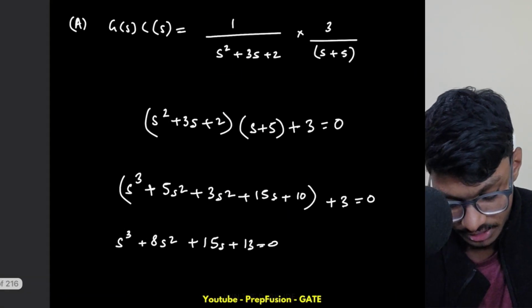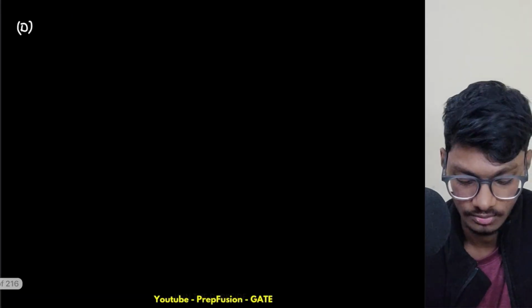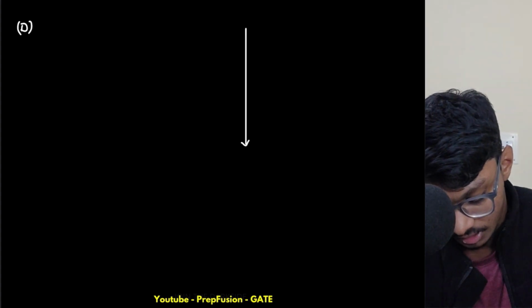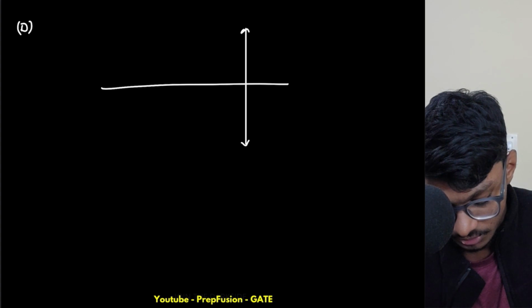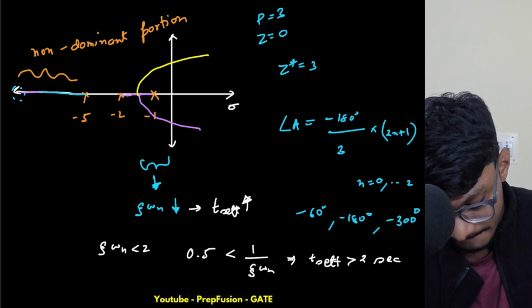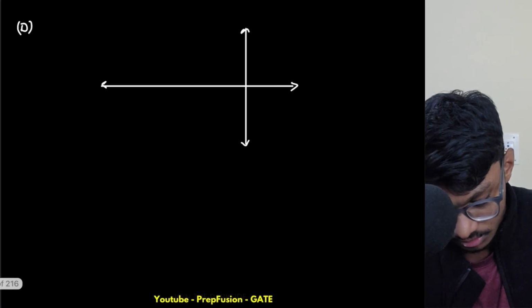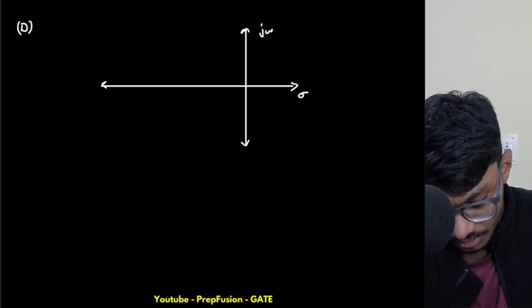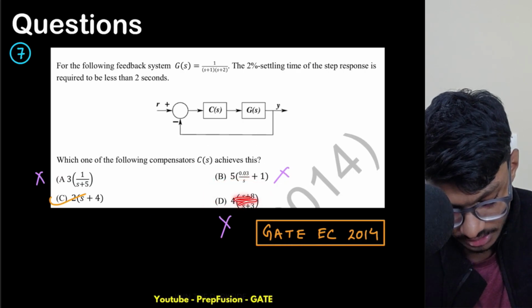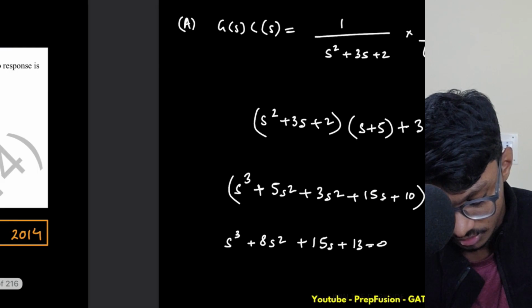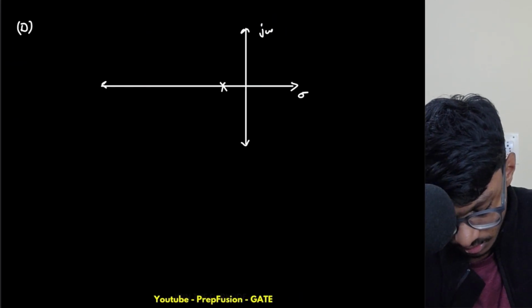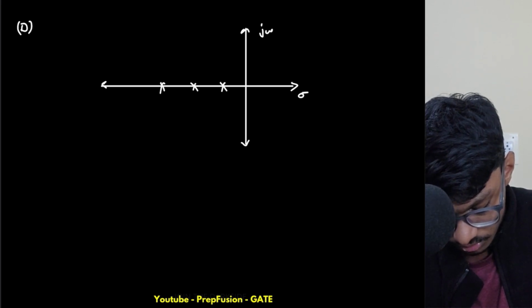Again, the D option, we have to solve with the concept of root locus only, because solving with direct equations will be difficult, so we have to use the dominant pole concept. On the sigma j omega plane, here I have a zero at s equals -8 and poles at -1, -2, -3.